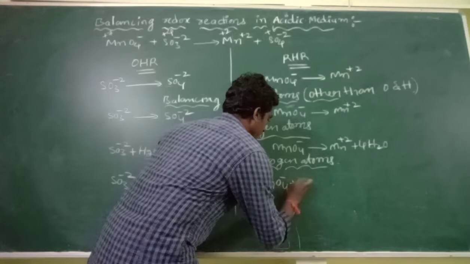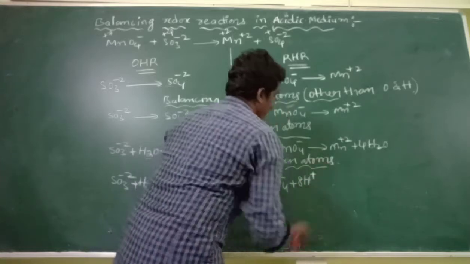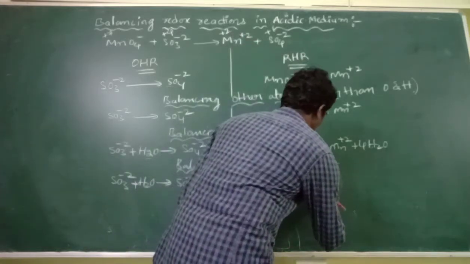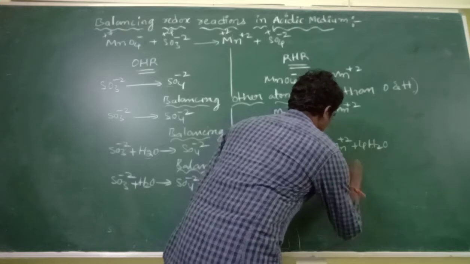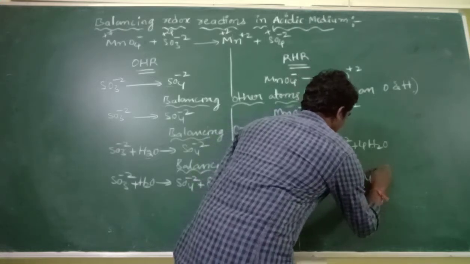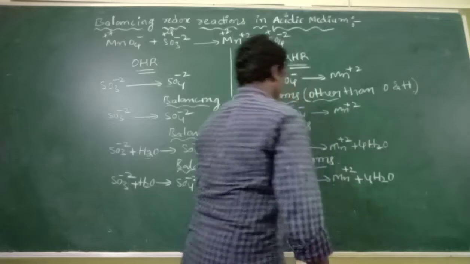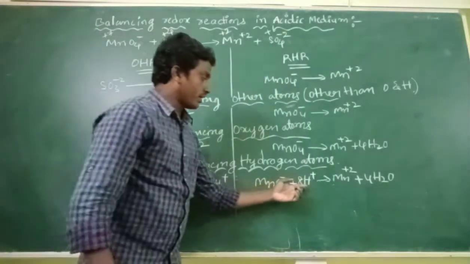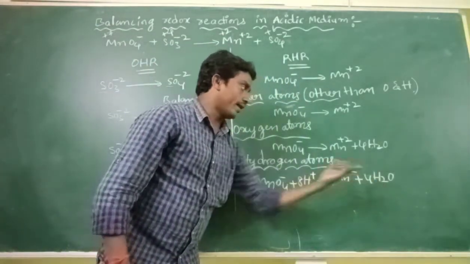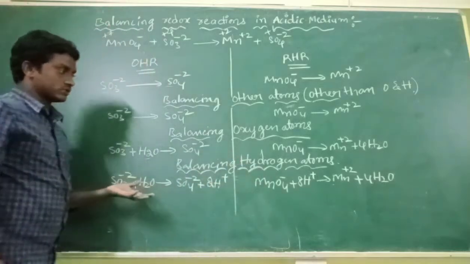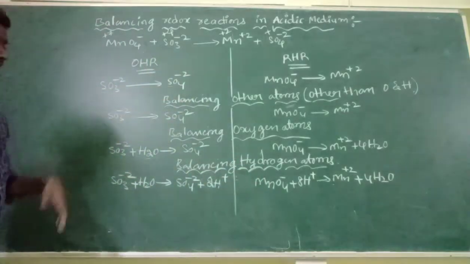MnO4 minus plus 8 H plus gives Mn plus 2 plus 4H2O. Here 8 hydrogens are present, here 8 hydrogens are present. Hydrogens are also balanced in this equation.